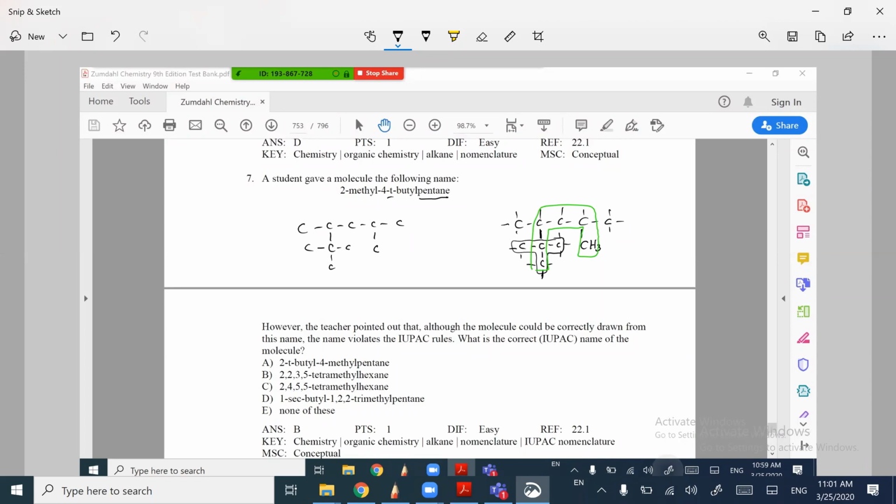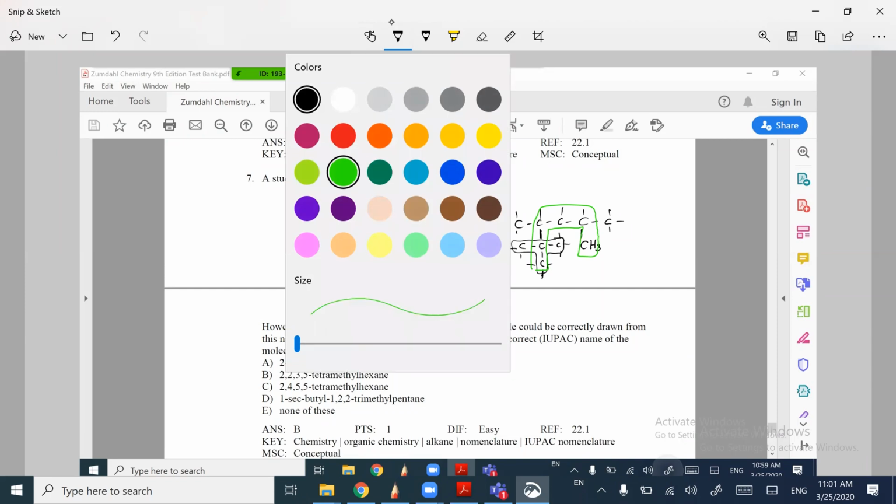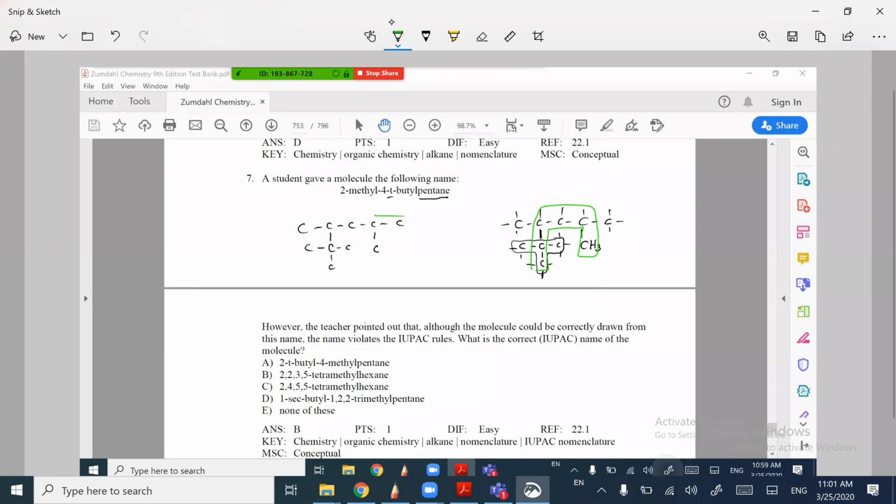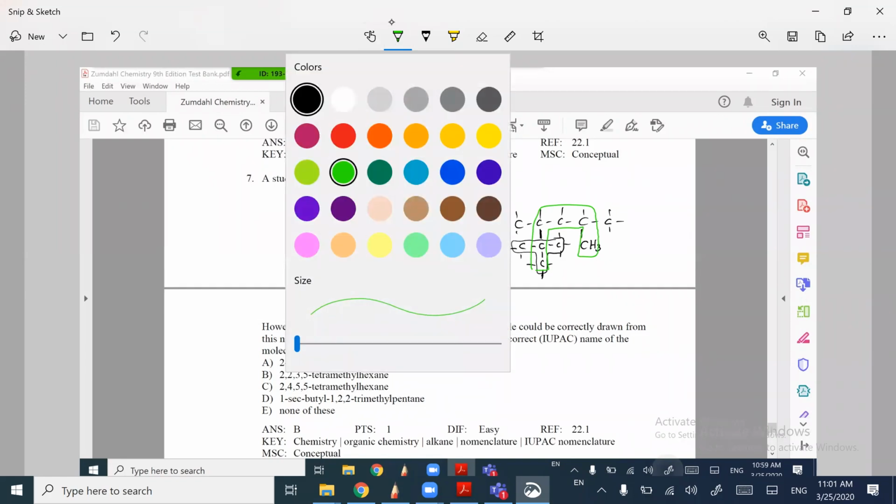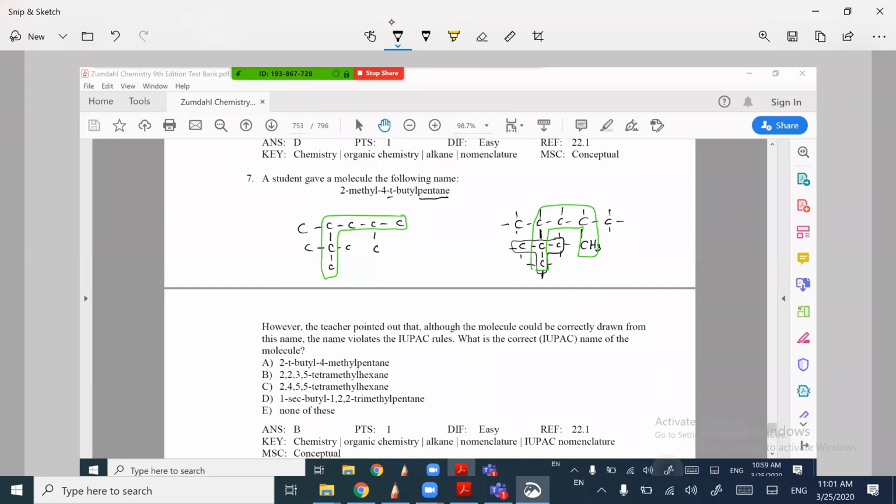It may be this one, or the straight one. No problem if you take the longest chain like this, since it contains the largest number of carbon atoms, which is 1, 2, 3, 4, 5, 6. We number from this side or from this side.